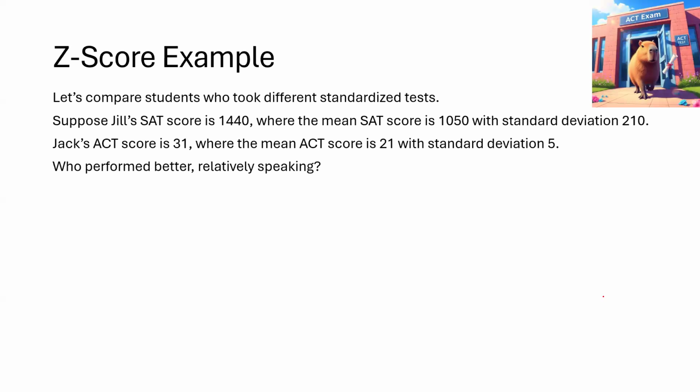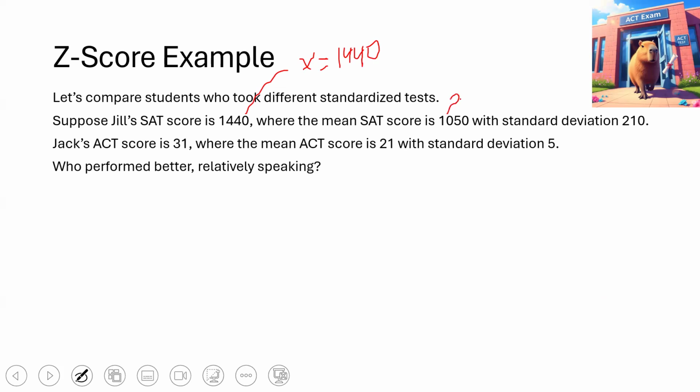All right, let's compare students who took different standardized tests. Suppose Jill's SAT score is 1440, where the mean SAT score is 1050 with a standard deviation of 210. To get her z-score, we're going to use that information. Her x value is 1440. The mean, x bar, is 1050.